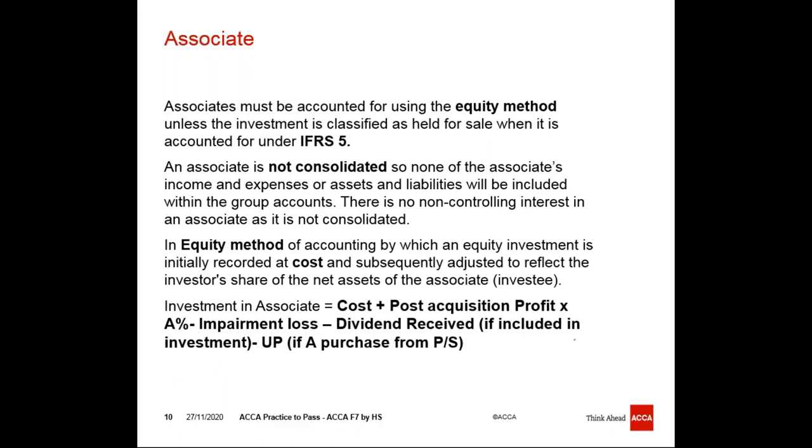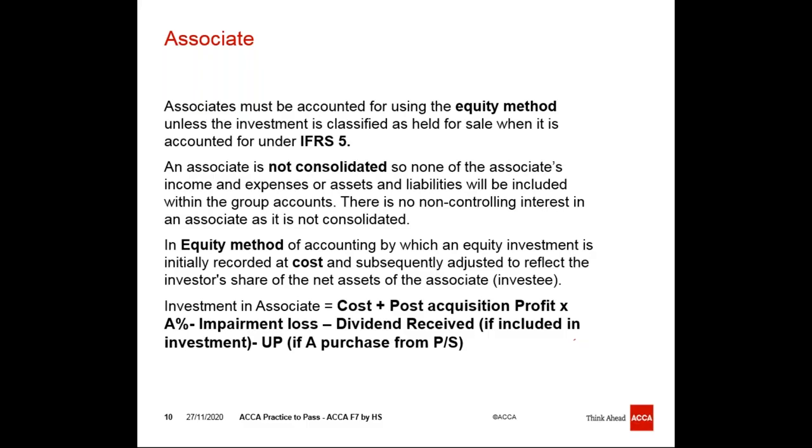Now the concept of associate. As we had discussed previously, an associate means an entity in which you have got significant influence. Significant influence means the power to participate in the financial and operating policies.